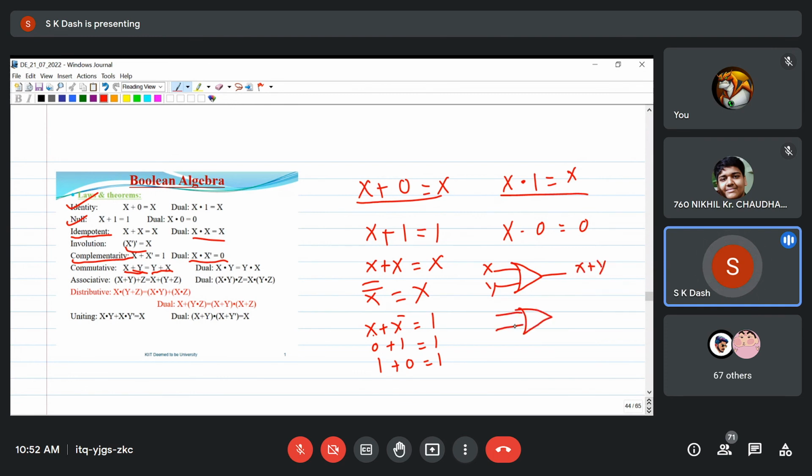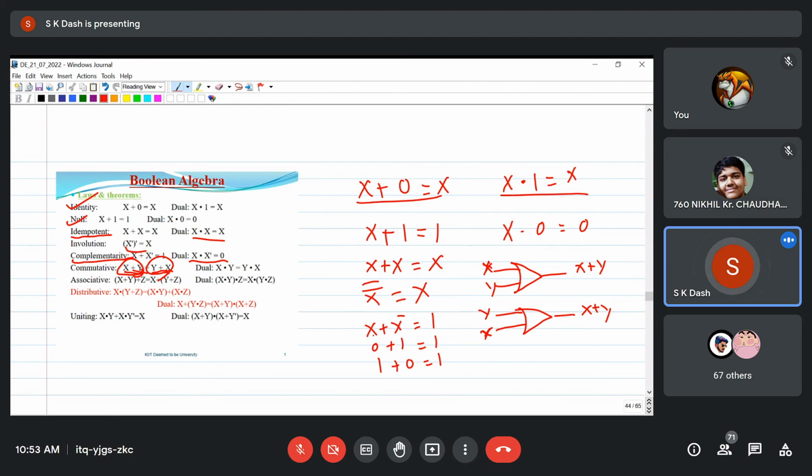You can interchange these inputs, still your result is same. So x plus y is same as y plus x. X you can apply here or here, it doesn't make any changes. This is called as commutative.